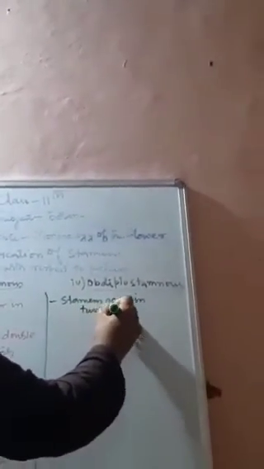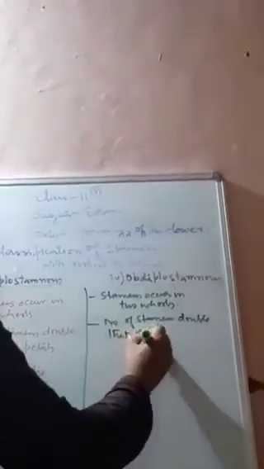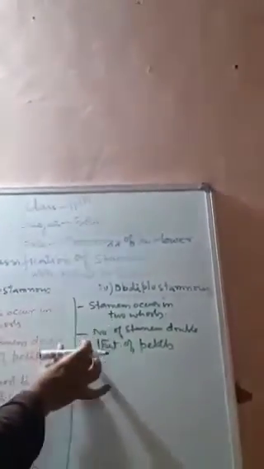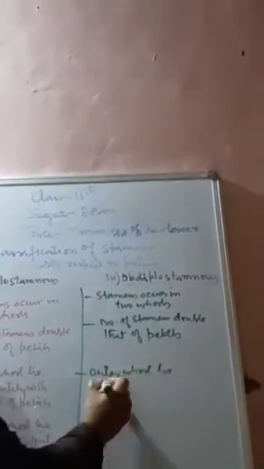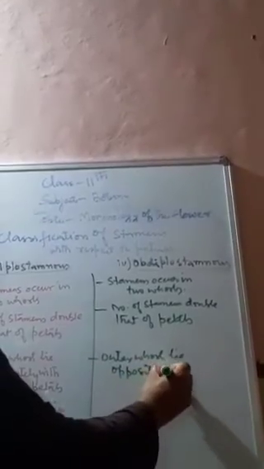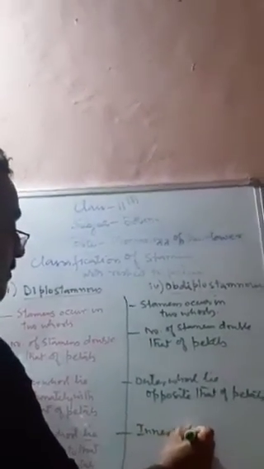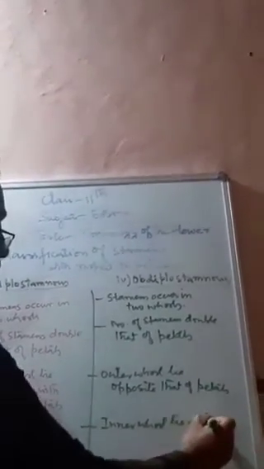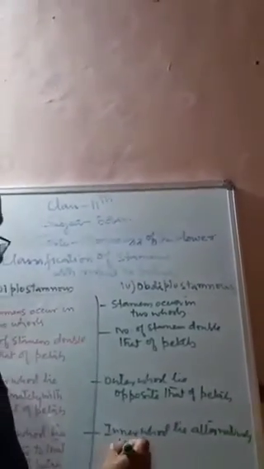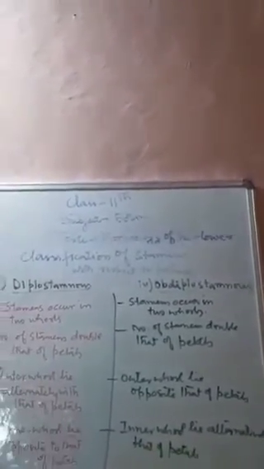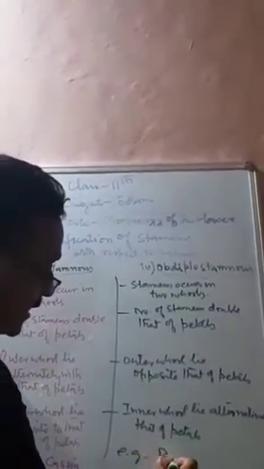Again, this is the reverse of it, but where is the difference? In two whorls. Second one, number of stamens is double that of petals. Now these two are the same. This point and this point are the same. Of the difference, now here the outer whorl lies opposite to that of petals, and the inner whorl lies alternatively with that of petals. If we see an example, we have the flower that is called Pink.